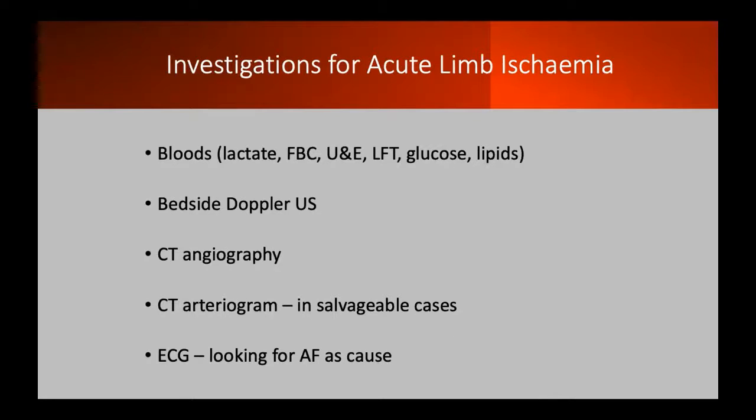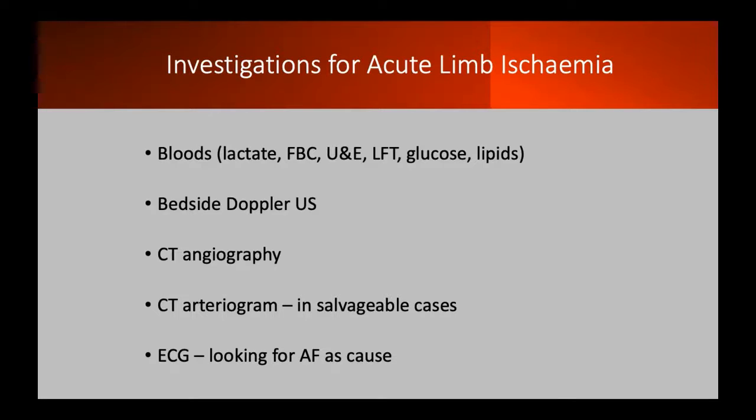So what investigations are done in acute limb ischemia? Bloods, usually most important, serum lactate to assess for the level of the ischemia. And then the rest, the normal stuff, full blood count, U's and E's, LFTs, glucose, and lipids.